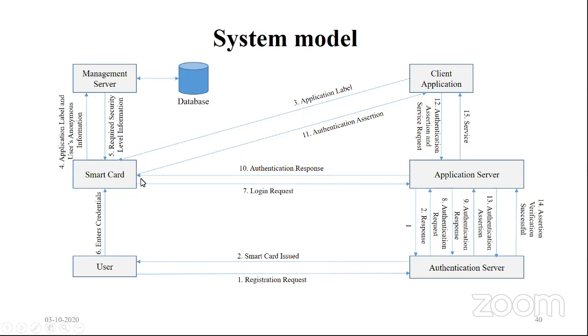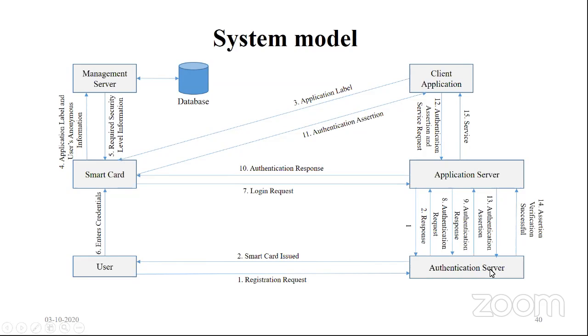So once this response is received by the user, the user will send the information in the form of a fact, an assertion basically, to say that I have this information, and along with this, the information is forwarded to the application server again, and the combined packet is sent to the authentication server.